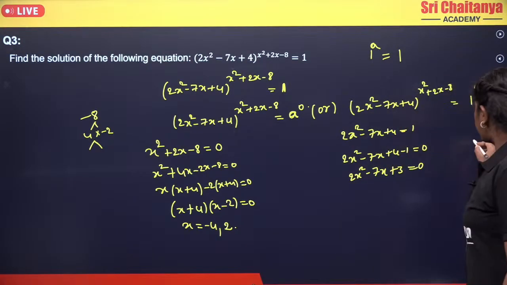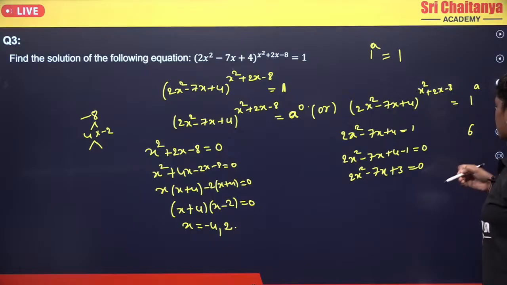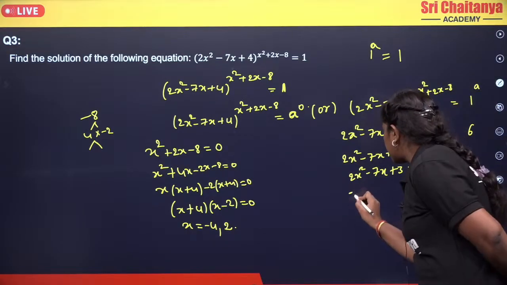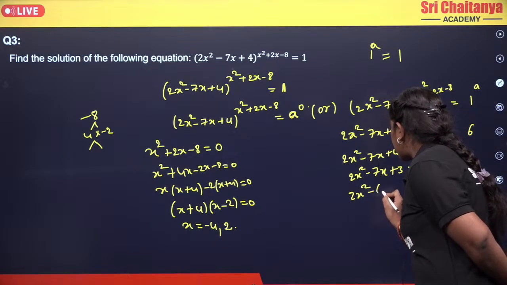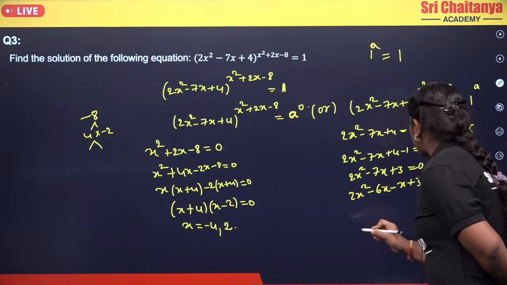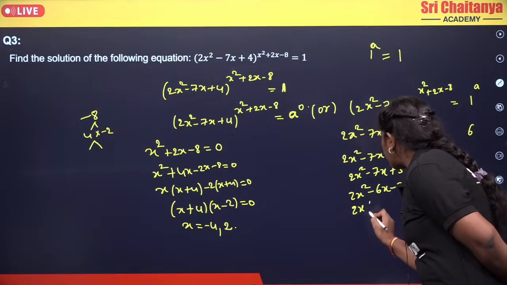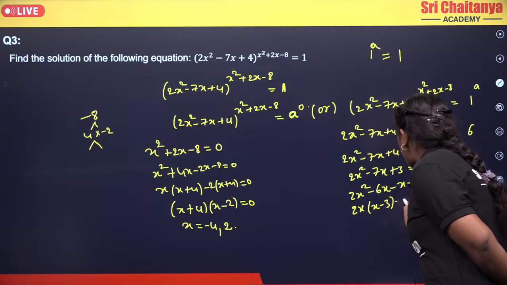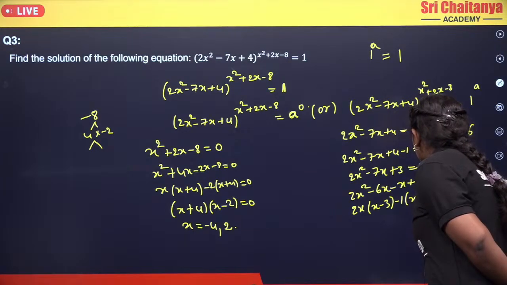Now here it will be of your 6, right? So we can write it as 2x² − 6x − x + 3 equals 0. Taking 2x common, you will get (x − 3), and −1 common, (x − 3) equals 0.